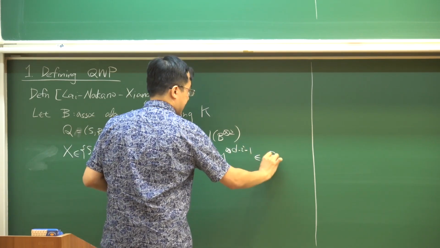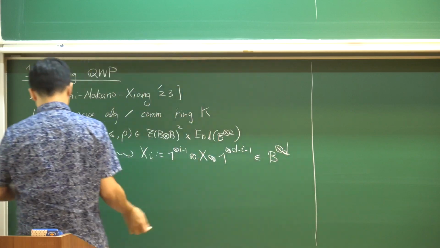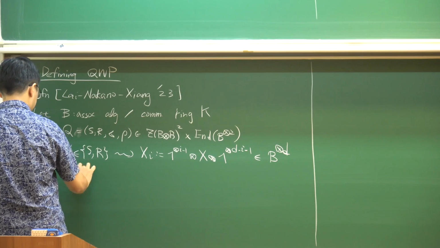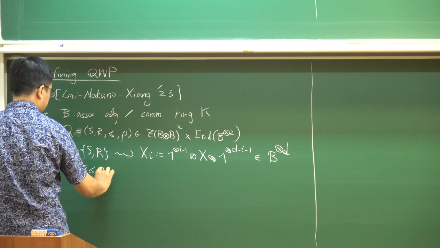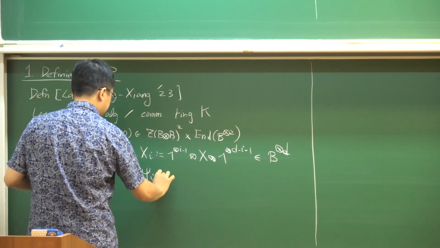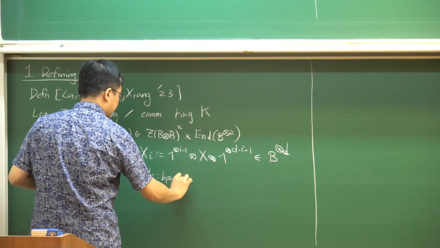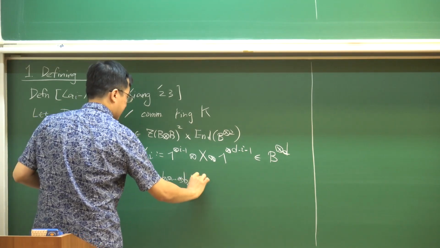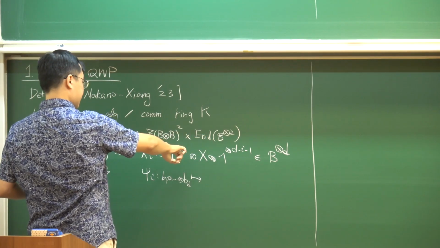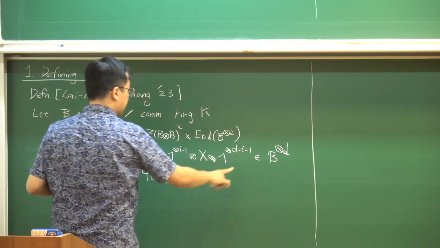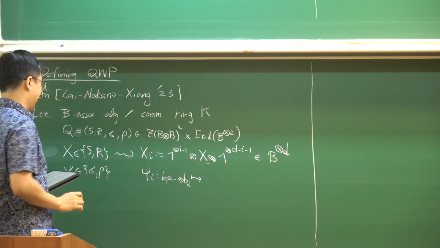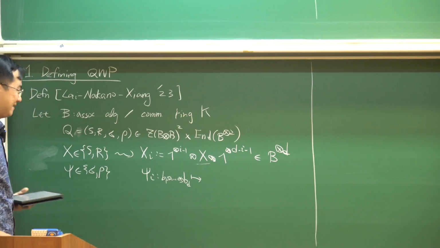So this is an element in B tensor D. And you can define similarly for any such endomorphism. Because there are two factors here, this is in B tensor B.